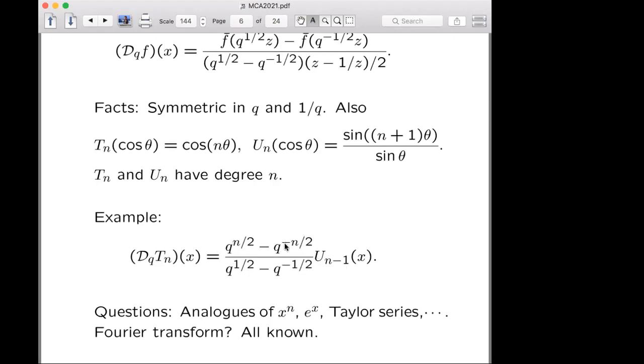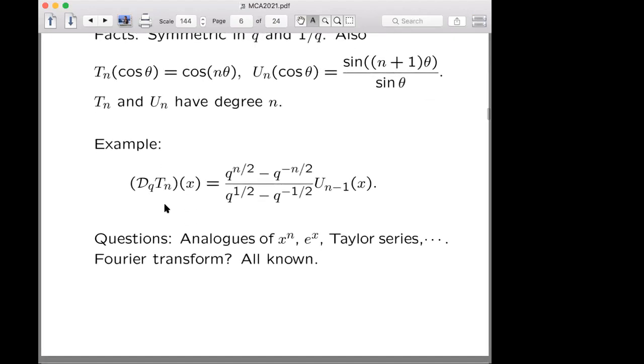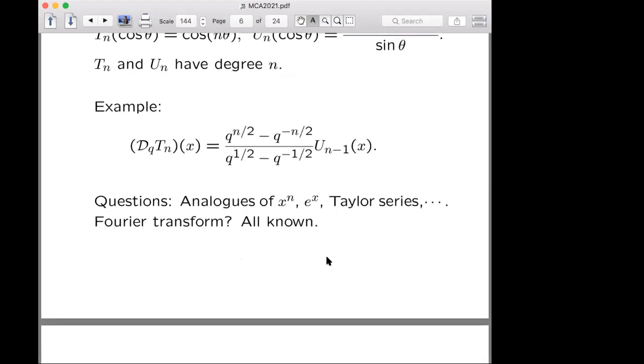And indeed, if you let q tend to 1, you will see that this side here reduces to the derivative of Tn. So as q tends to 1, the Askey-Wilson operator becomes the derivative. Okay, so once you have this kind of operator, you want to think about what the powers are, what the exponential functions are. Is there a Fourier transform? Is there a Taylor series? All this stuff is known. Through the years, people worked on this.